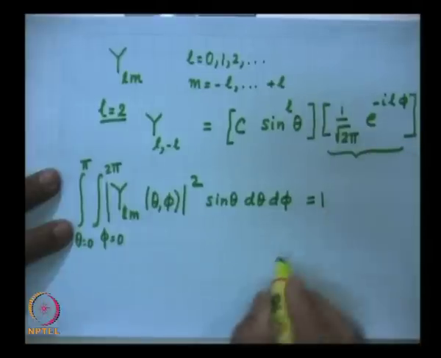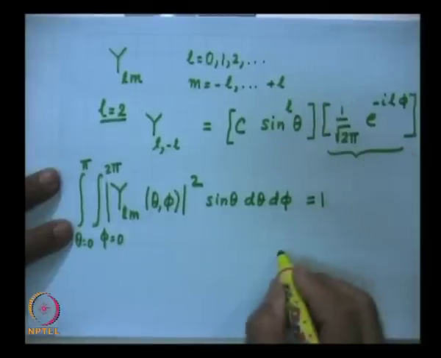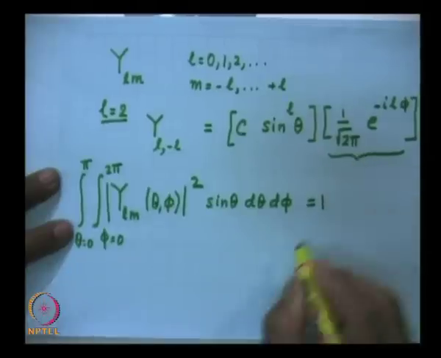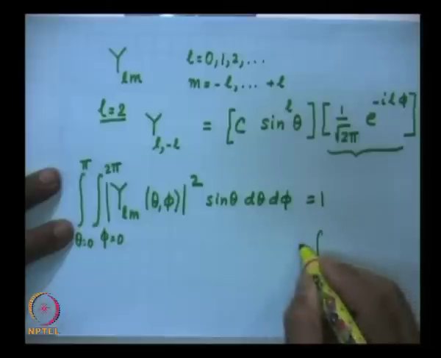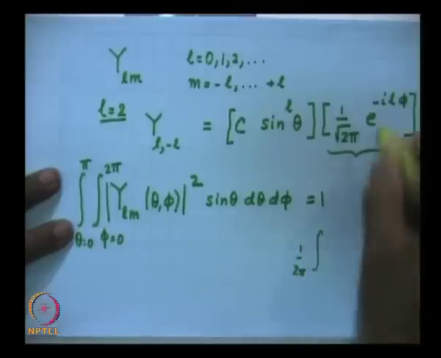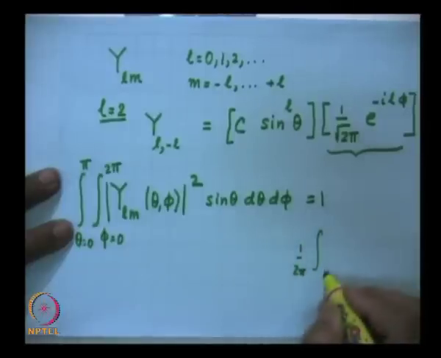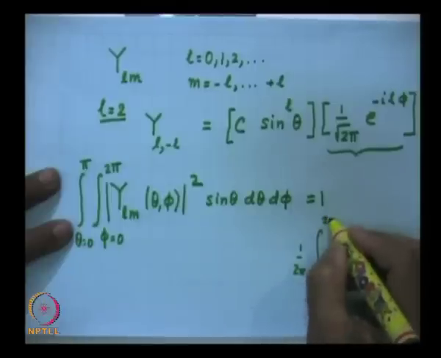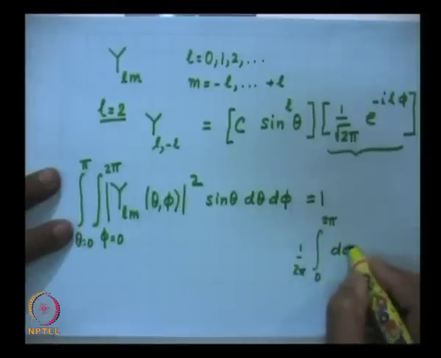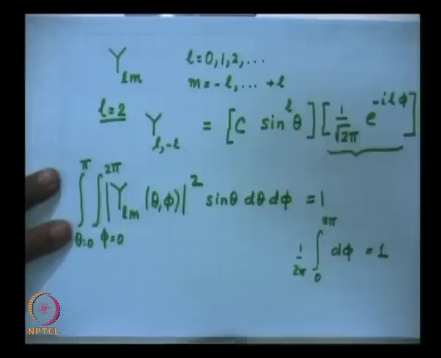Now, if we take the phi part, the modulus square of that is 1 over 2 pi, and the modulus is 1. So, 1 over 2 pi times the integral from 0 to 2 pi of d phi is equal to 1.